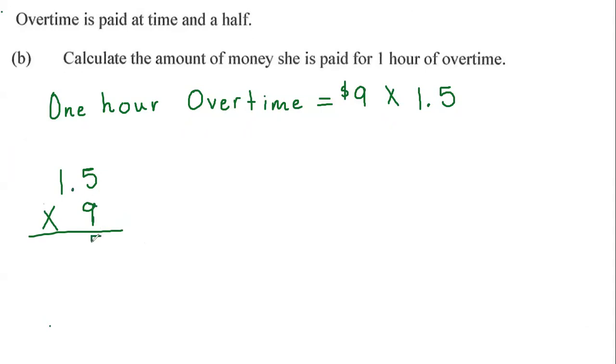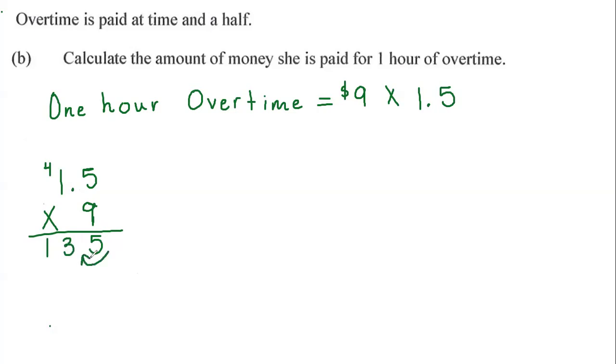45. Put the 5 down, put the 4 up. 9 times 1 is? 9. 9 plus 4? 13. It's gonna be 13. It's only one number behind the decimal point, so we're just gonna move this over once.